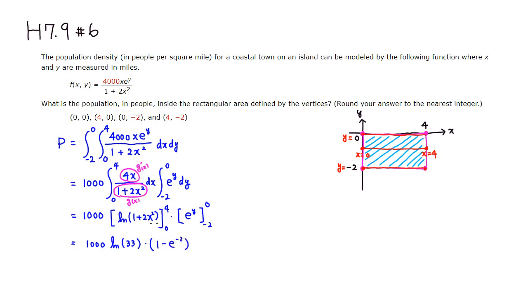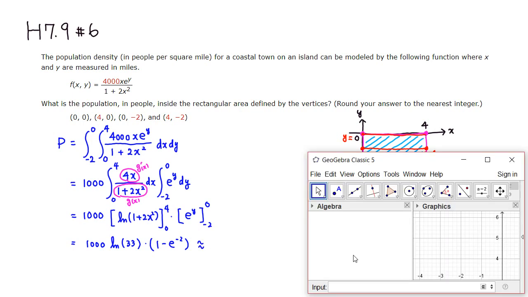Let's find this number. We want to round the answer to the nearest integer, so this is approximately. I'm opening up GeoGebra here. It's 1,000 times natural log of 33 times 1 minus e to the -2.